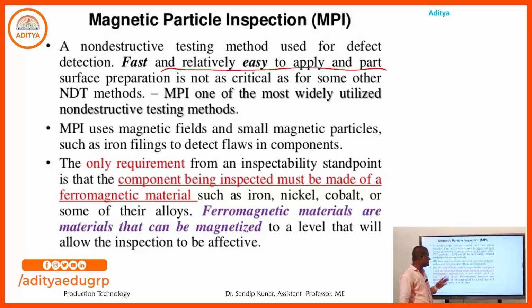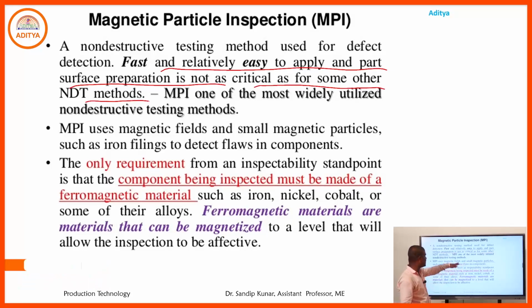If we use magnetic particles or magnetic fields, on that basis we decide whether there are cracks, holes or porosity in the welding joints, or inside the weld joints, and whether the weld joint is good or bad.